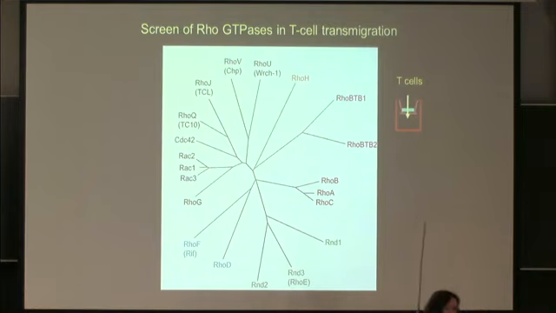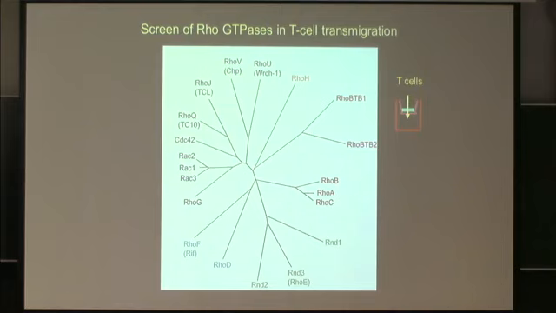Does everyone know what RNAi is? Anyone not know what RNAi is? Okay, so basically what we do is, you have messenger RNAs in the cell that code for proteins, and what we do is we put a small RNA into the cell.